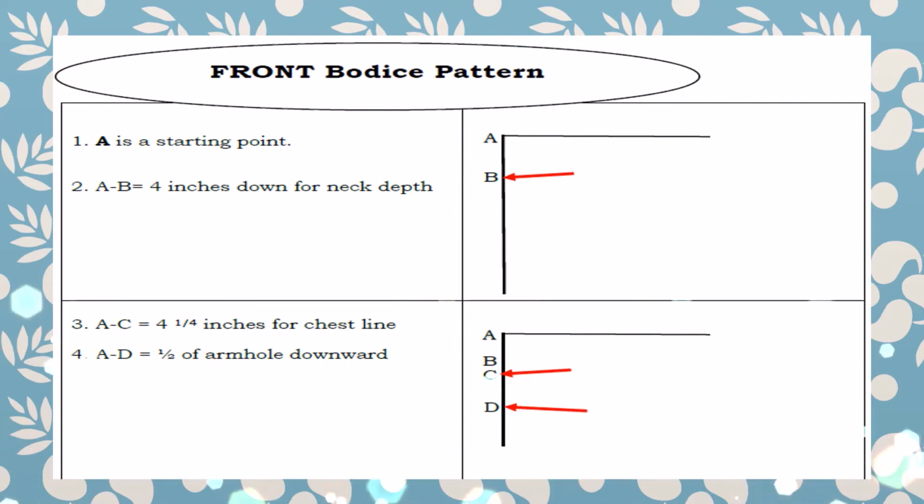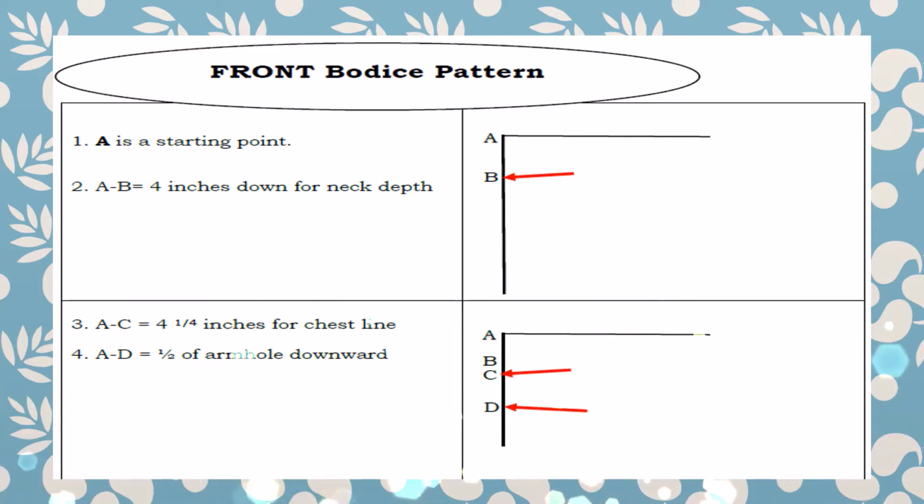These are the processes to be done for the front bodice pattern. Number 1, A is the starting point. From letter A to B, measure downward 4 inches for neck depth. Number 3, A to C, measure 4 1/4 inches for the chest line.